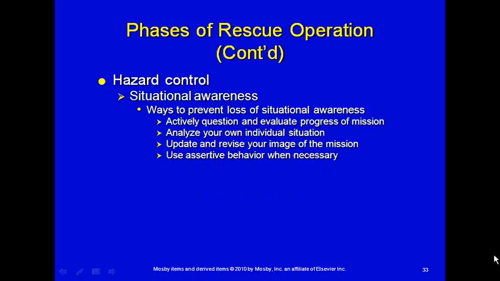Some ways to prevent loss of situational awareness is to actively question and evaluate the progress of your mission, analyze your own individual situation, update and revise your image of the mission to your incident commander, and use assertive behavior when necessary.